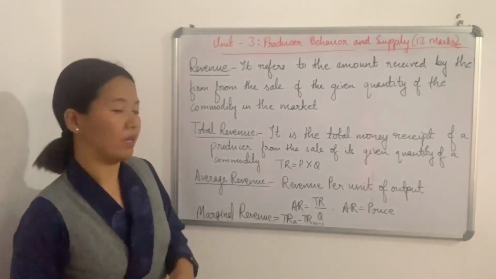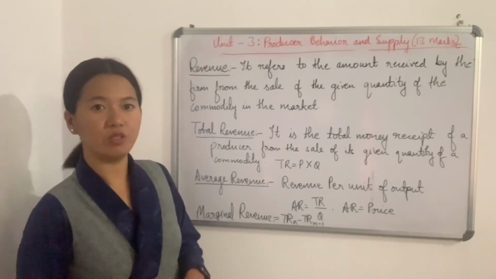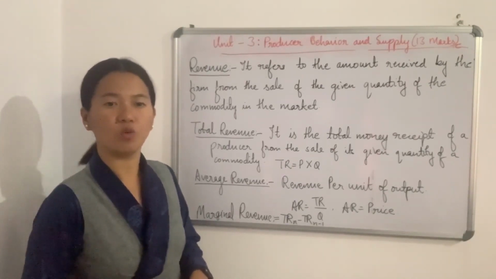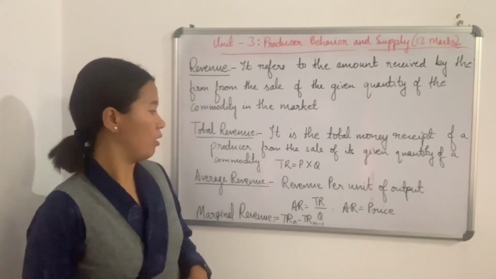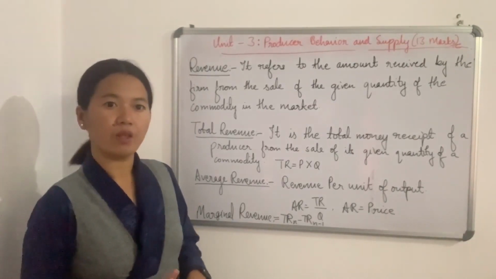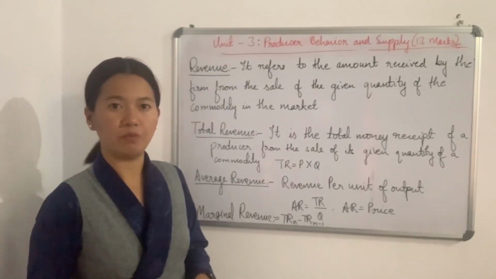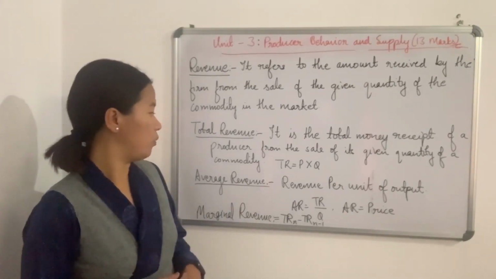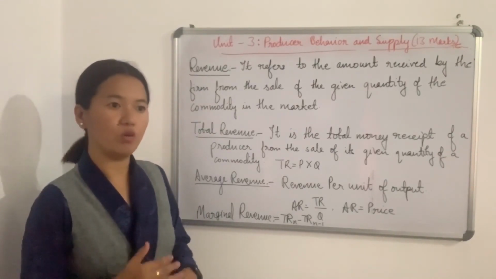And the next is the average revenue. Average revenue is the revenue per unit of output sold. That is how much each quantity of a commodity costs in the market. When we talk about average, it is always calculated by dividing the total by quantity. So average revenue is total revenue upon quantity.